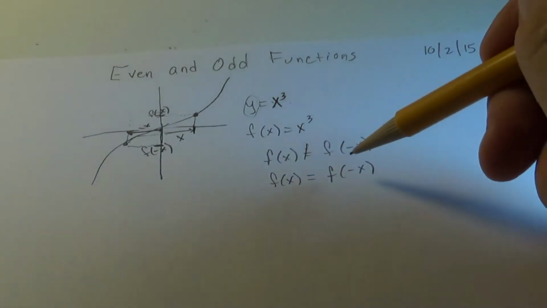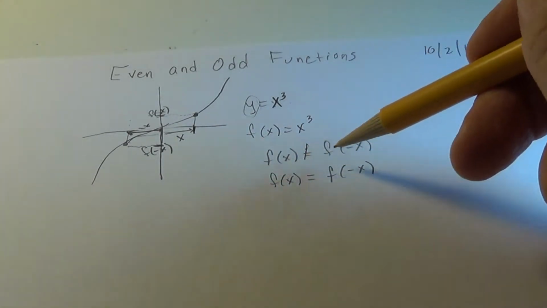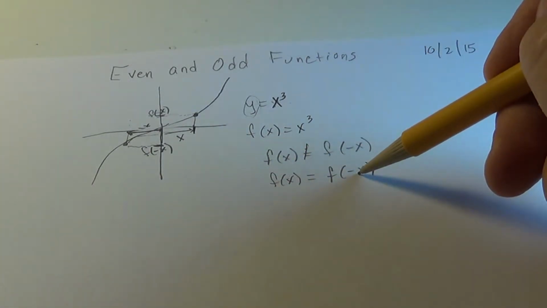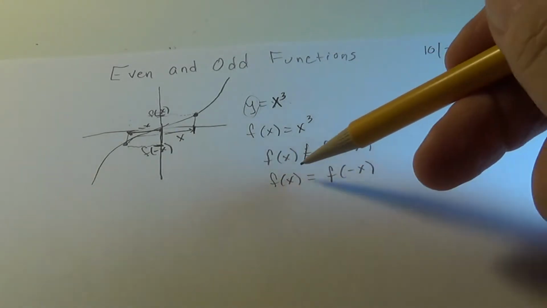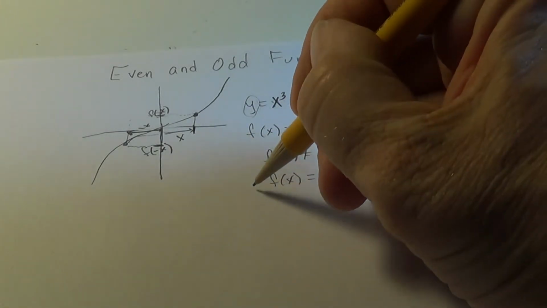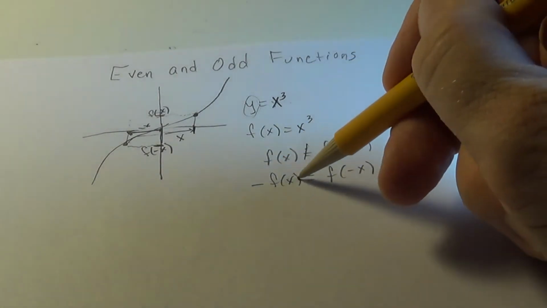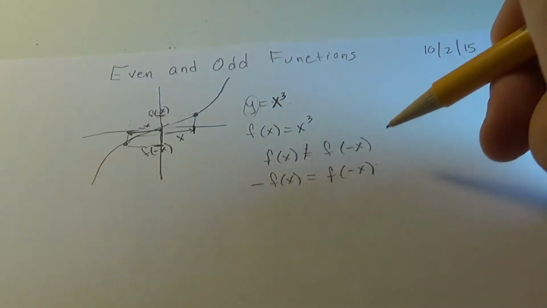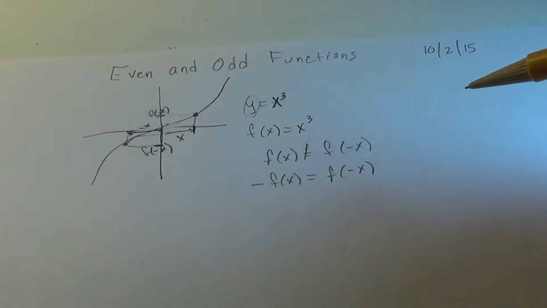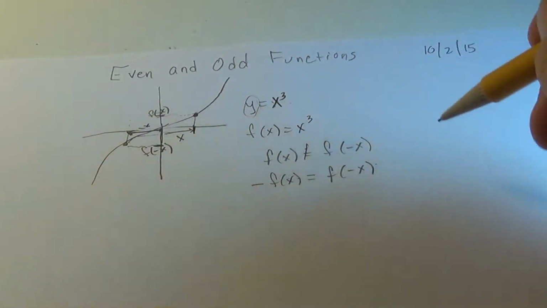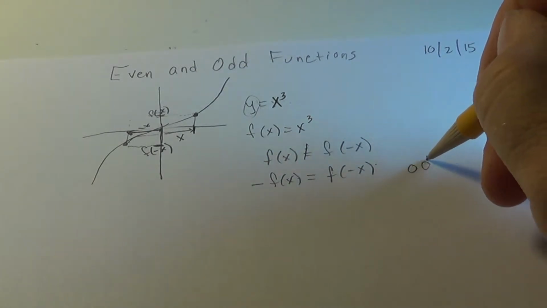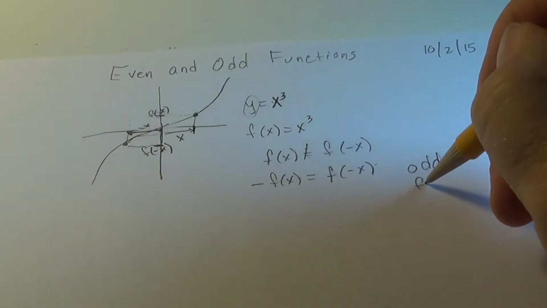Well, this value is positive, and this is the same value but negative. So what if I stuck a negative sign on one or the other? Then they would be equal. Negative f of x equals f of negative x. And whenever we have that situation, like we do with y equals x cubed, we say the function is odd. An odd function.